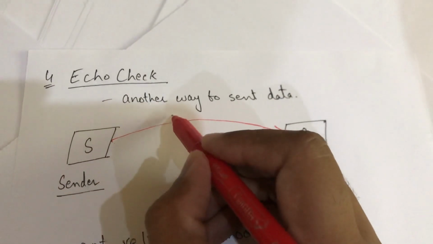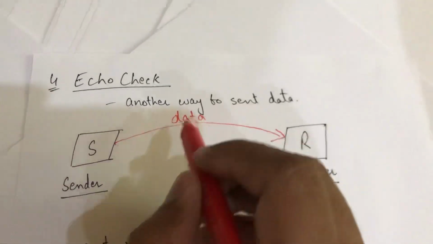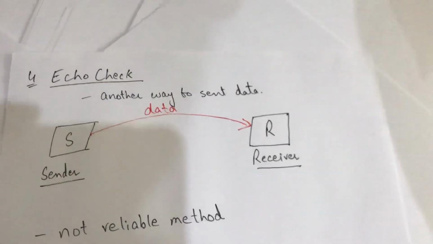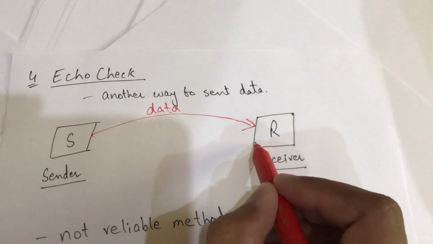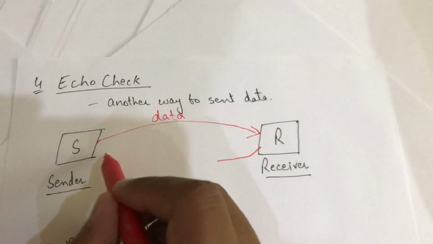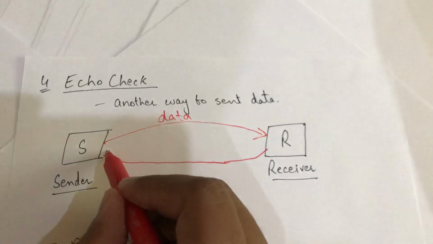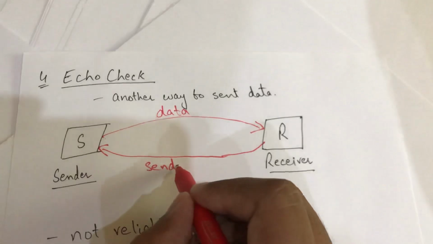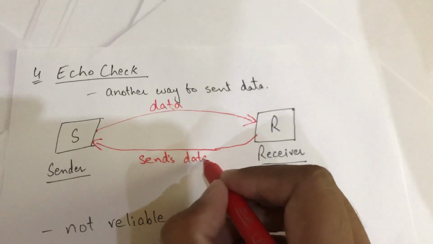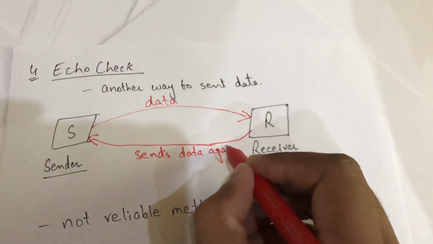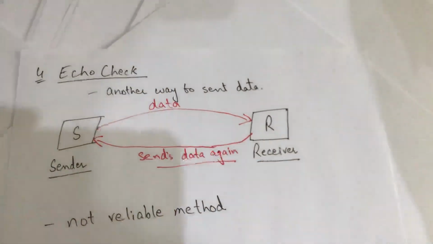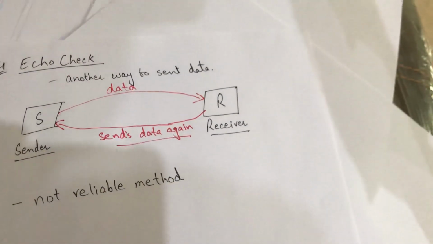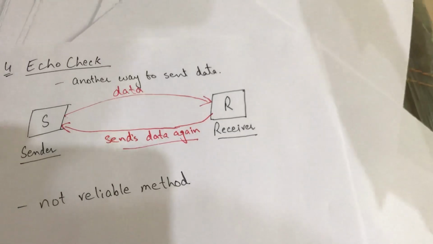The receiver receives the data and sends it again to the sender. This is to compare both of the data, the one that the sender has sent to the receiver and the one which the receiver sends back to the sender.